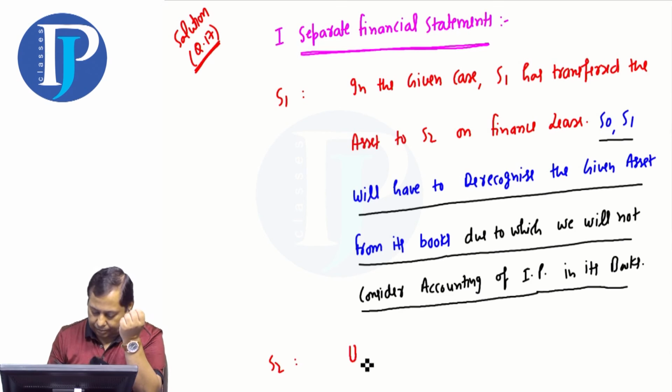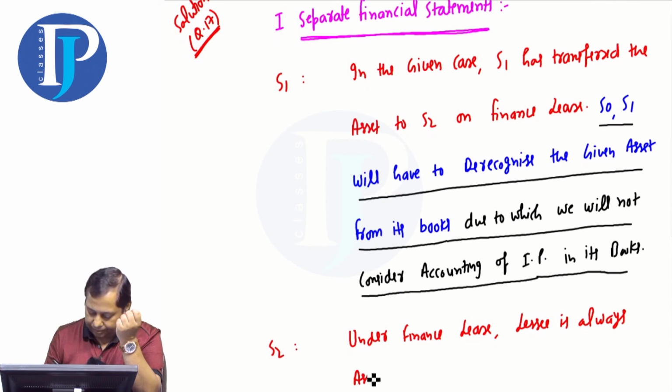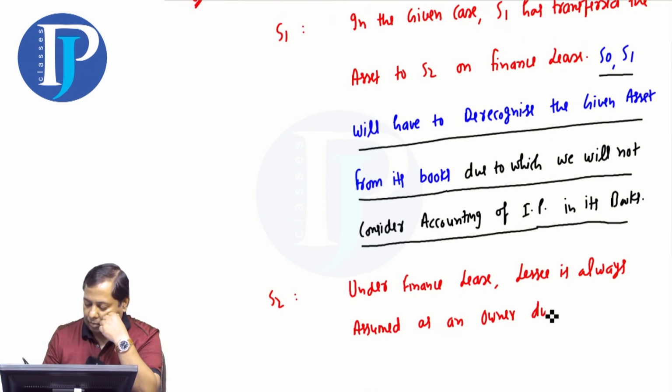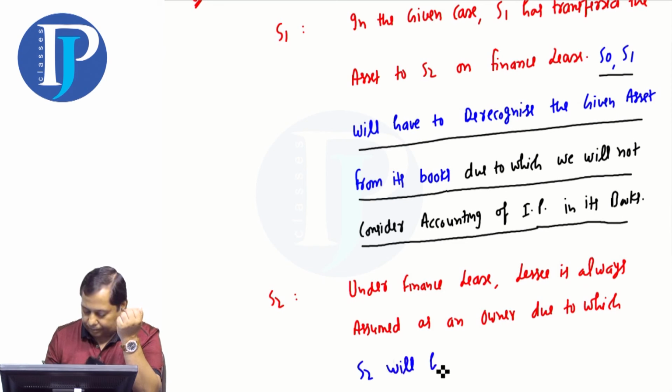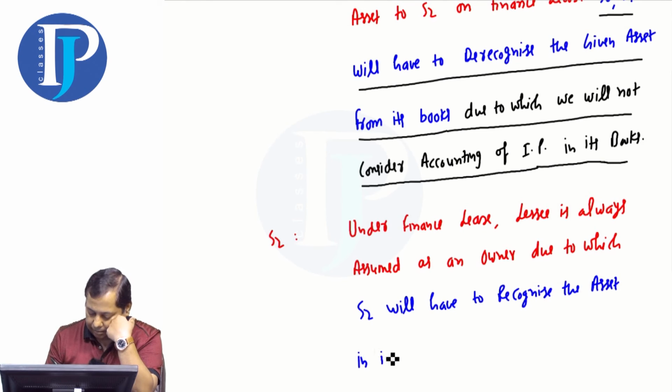S2, under a finance lease, the lessee is always assumed as an owner, due to which S2 will have to recognize the asset in its books.